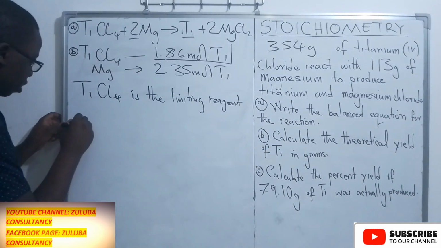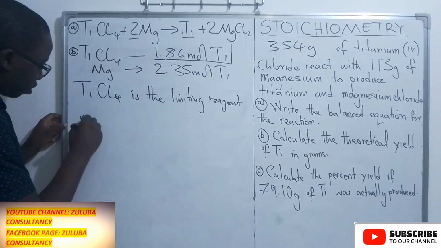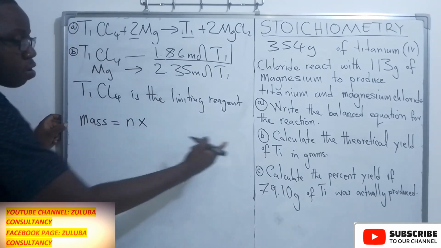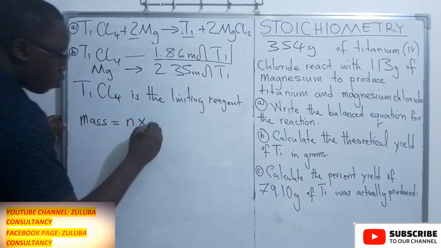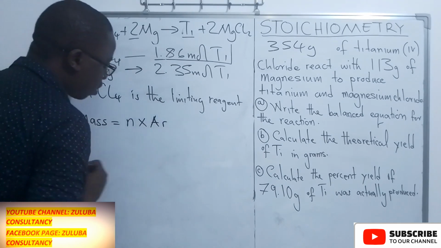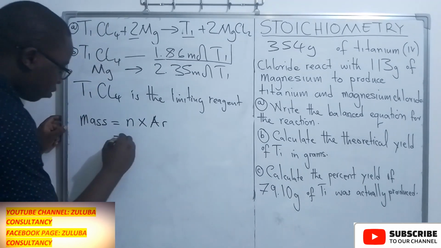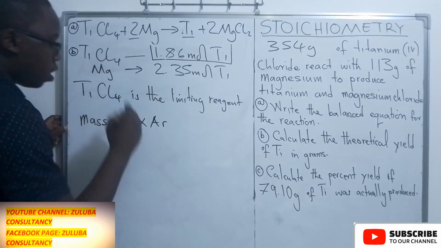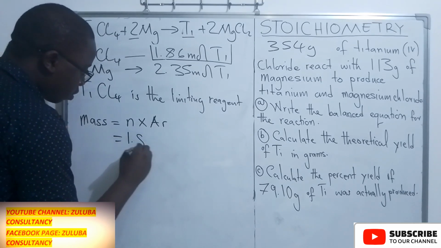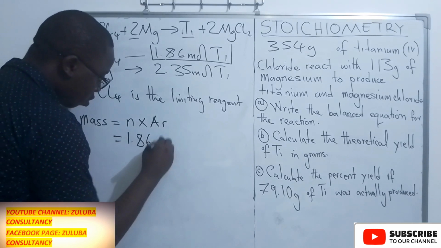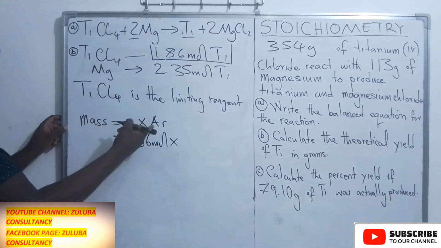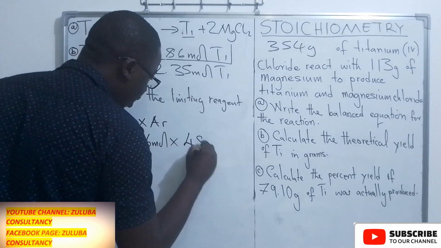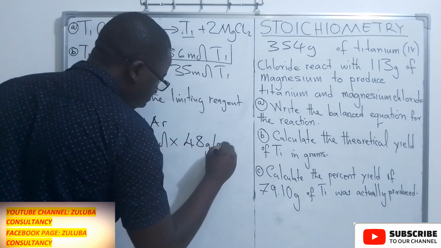The mass is equal to the number of moles multiplied by, because this is an atom, the atomic mass. We pick the number of moles that can be produced by the limiting reagent, which is 1.86 moles, multiplied by the relative atomic mass of titanium, which is 48 grams per mole.